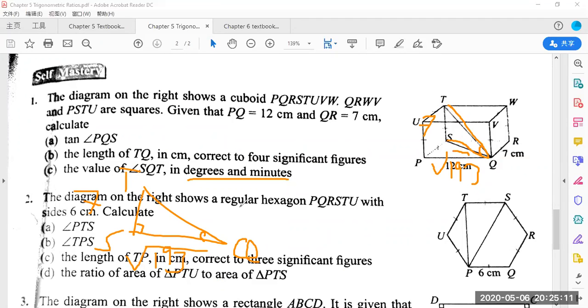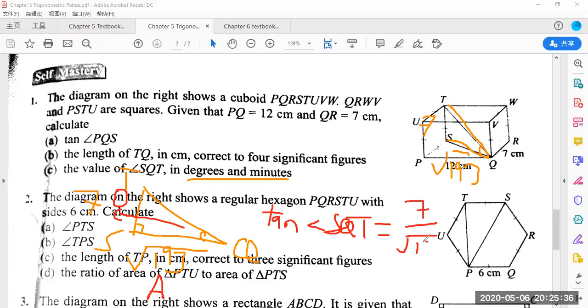You see, this one is opposite, and this one is the adjacent side. So O over A, we use the tangent. Tangent of SQT equals 7 over square root 193.